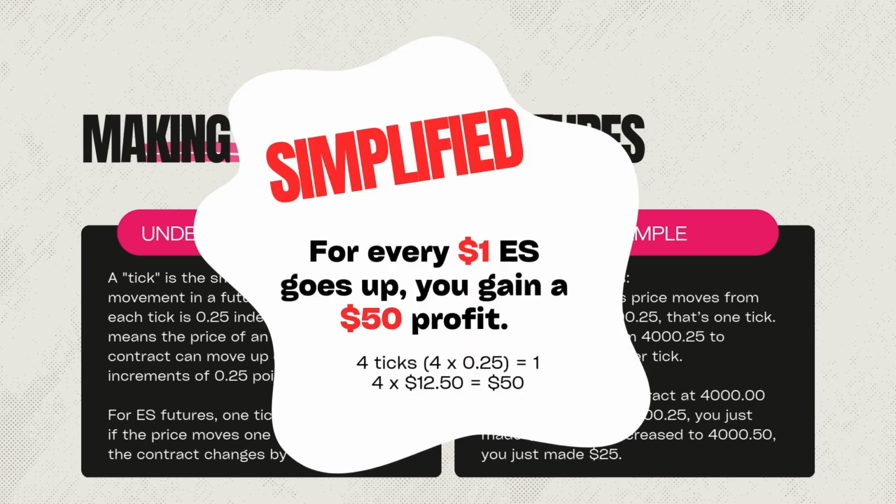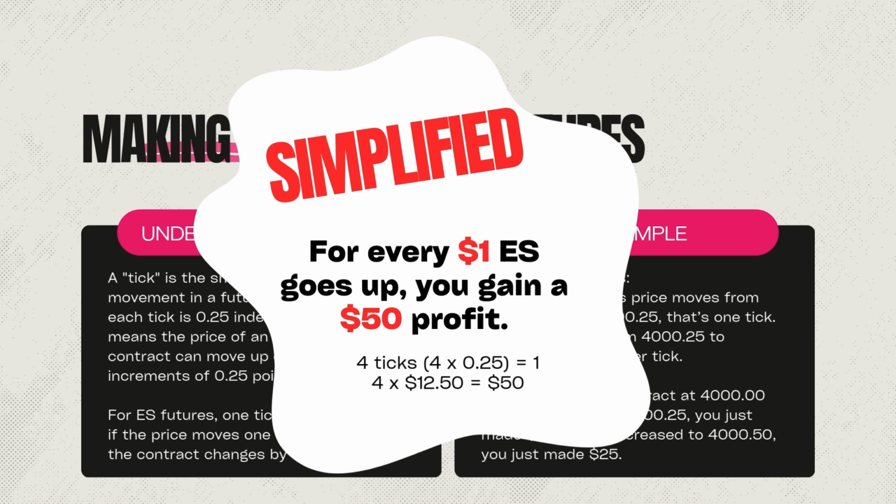Now let's look at this simplified. For every dollar that ES goes up, you gain a $50 profit. That is honestly the easiest way to look at it. And I say dollar, I know that's not the proper term. It's really for every point, but let's put it in terms that we can understand. For every dollar that ES goes up, you gain a $50 profit. So if you bought ES at 5,000 and it went up to 5,001, you just gained $50.